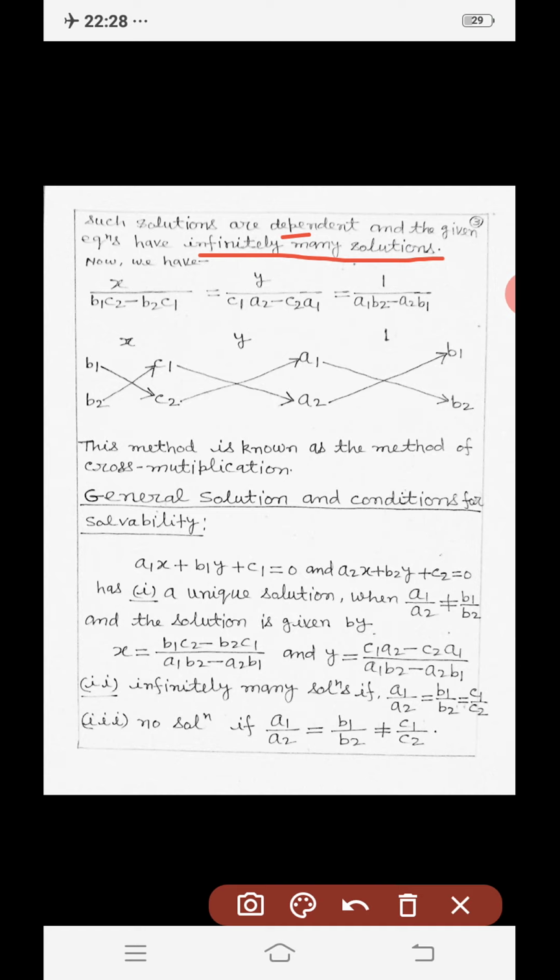Now we have x by (b1 c2 minus b2 c1) equal to y by (c1 a2 minus c2 a1) equal to 1 by (a1 b2 minus a2 b1). Dear students, in remembering the above result, the following diagram may be helpful to you. X: b1 b2 c1 c2, y: c1 c2 a1 a2, 1: a1 a2 b1 b2.